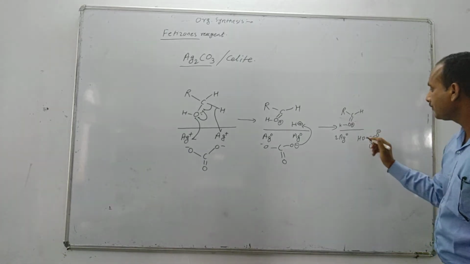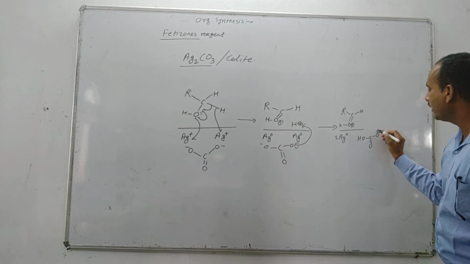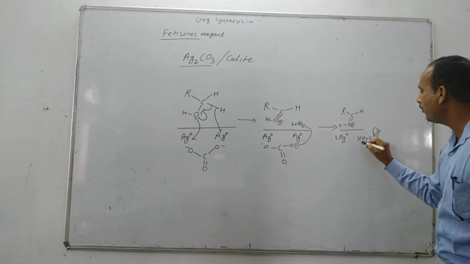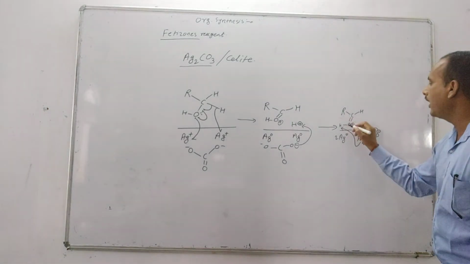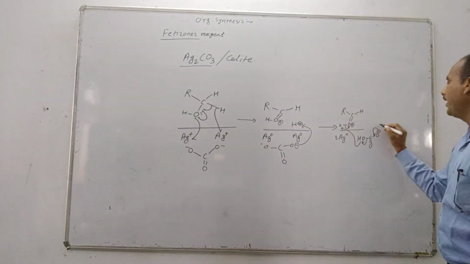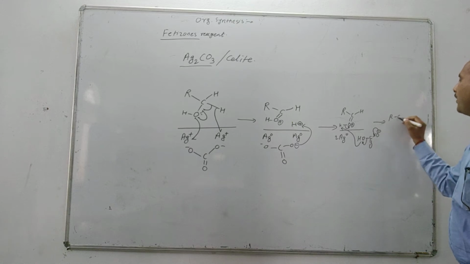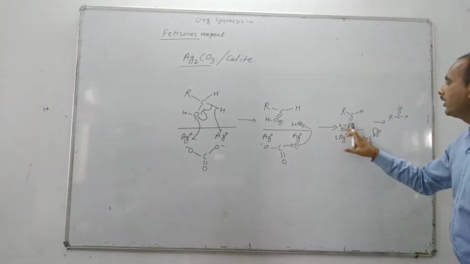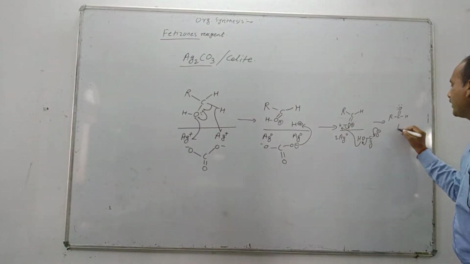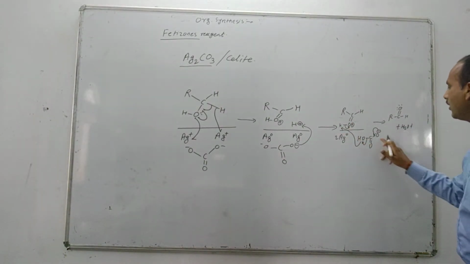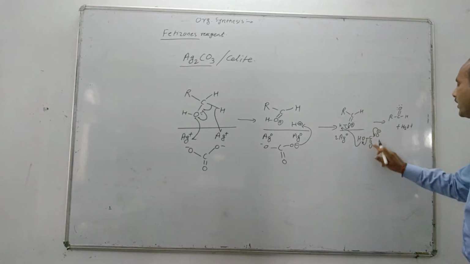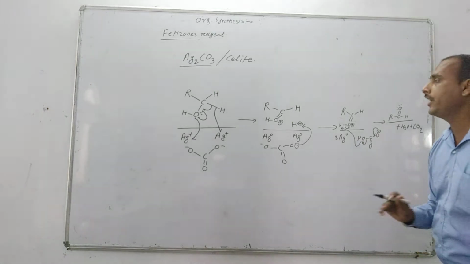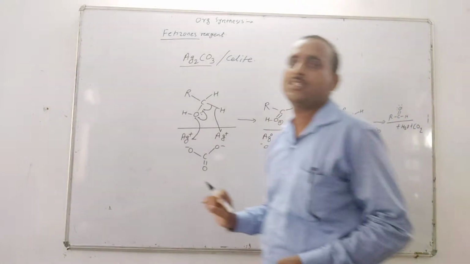Now this oxygen negative charge shifts here, with loss of CO2, this O minus takes the proton and the lone pair of oxygen is retained. Therefore, there is formation of RC=O. Now this H and this OH give H2O plus loss of C=O, that is CO2.